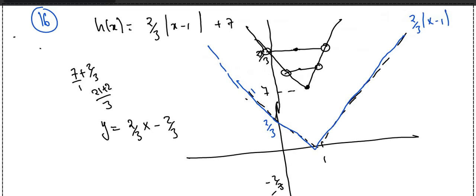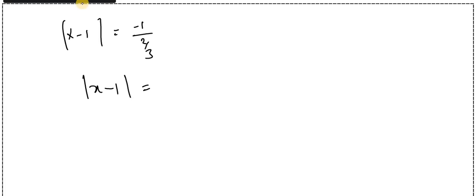It will simply give us the square root of x minus 1 equals -1 divided by 2/3, which is the same as -3/2. Then we can square both sides. When you square this side, it's going to be x minus 1 squared. This side will be 9/4.